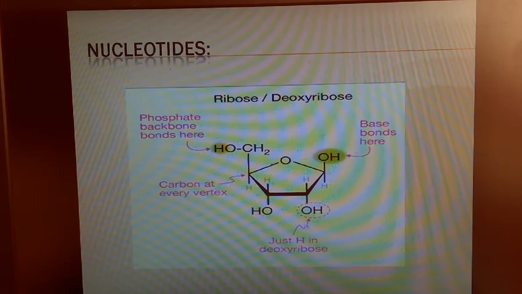If it is just H, then it is deoxyribose. Now, the first carbon forms a bond with the base, and the OH of the fifth carbon atom forms a bond with the phosphate group or phosphoric acid.